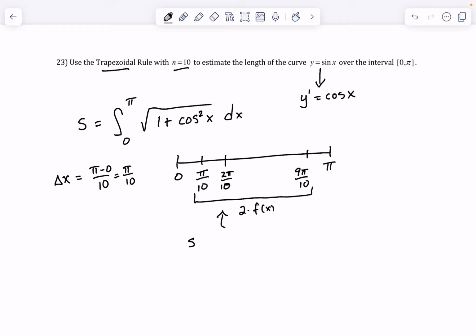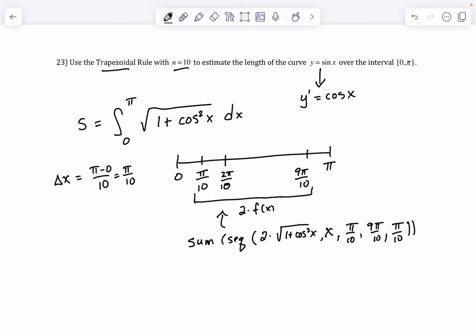So I'll do the sum of the sequence 2 times the square root of 1 plus cosine squared, and then tell it that x is the variable, start at pi over 10, go to 9 pi over 10, and then the delta x always goes last.